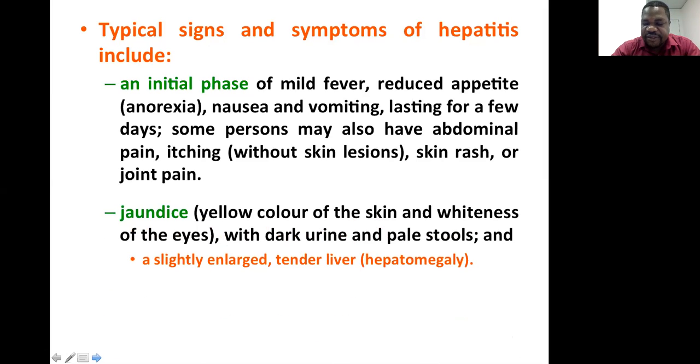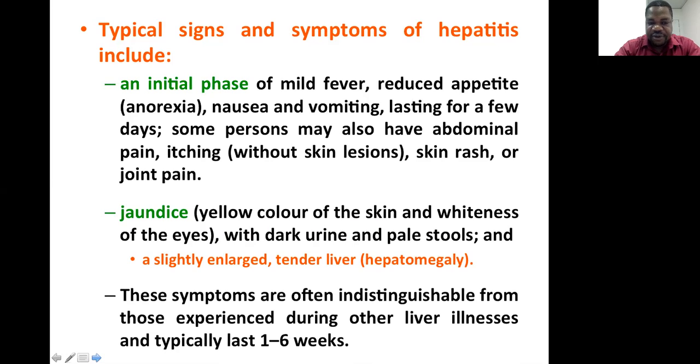Then there will be the second phase, what we call the jaundice phase, where there is a yellow color of the skin and whiteness of the eyes, with dark urine and pale stools. You can see that the liver is slightly enlarged and tender. That's what we call hepatomegaly, that the patient might develop.